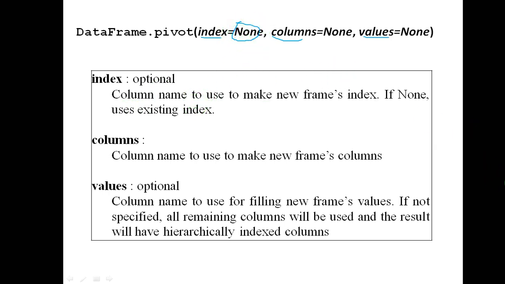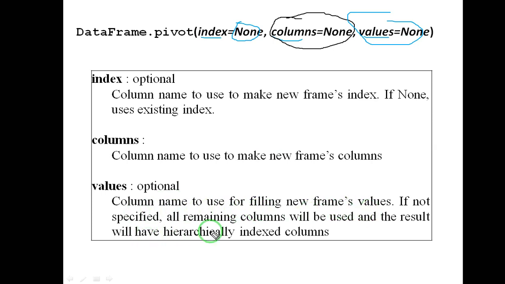Then comes your next argument, which is column, and this is compulsory. You have to specify this argument, the column name to use to make the new frame's columns. And the third one is the values argument, which is optional. It is the column name to use to fill the new frame's values.